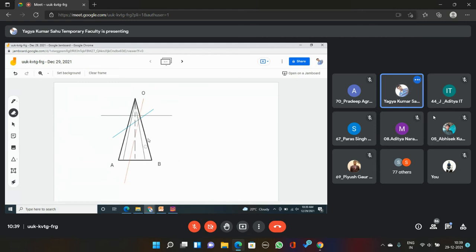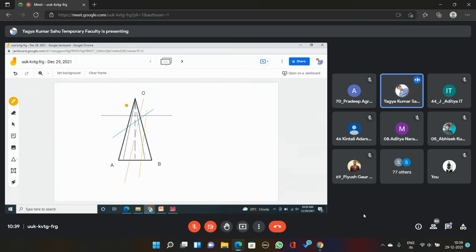Now tell me what will be the position of the cutting plane for hyperbola? What should be the orientation of the cutting plane for hyperbola? Parallel to axis. Parallel to axis. Okay, any other answer? It should cut this cone on one side of the axis. So your cutting plane will be like this.